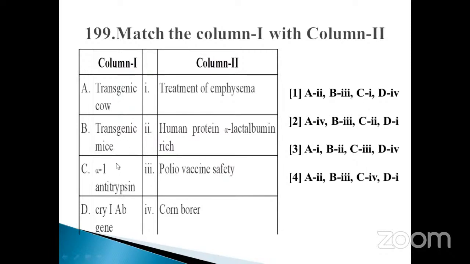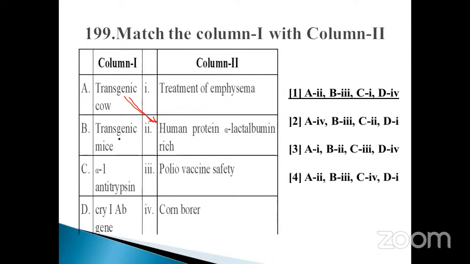On the opposite side, they have given treatment of emphysema, human protein alpha-lactalbumin rich, polio vaccine safety, and corn borer. So how is the answer worked out? The first one, A, is answer 2. The transgenic cow provides milk, so the albumin-rich compound is there. This is the first one.